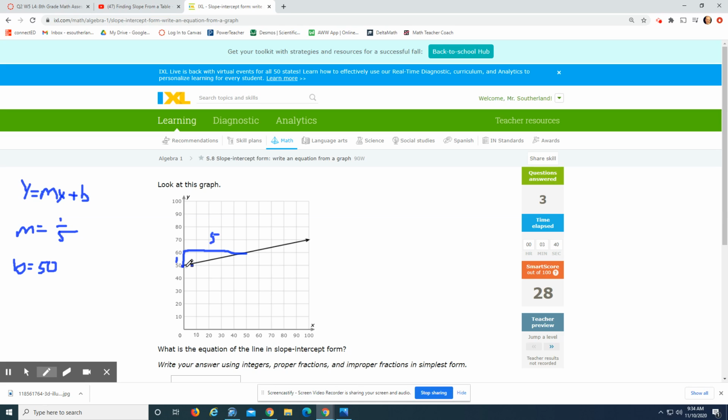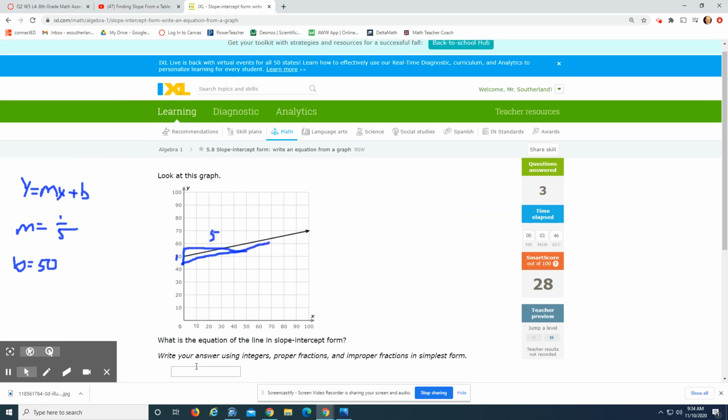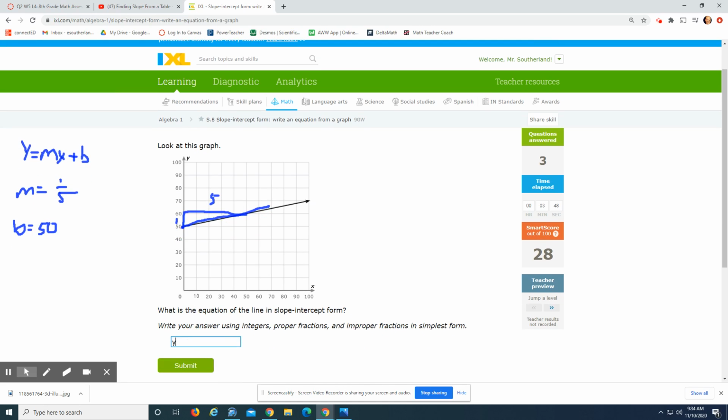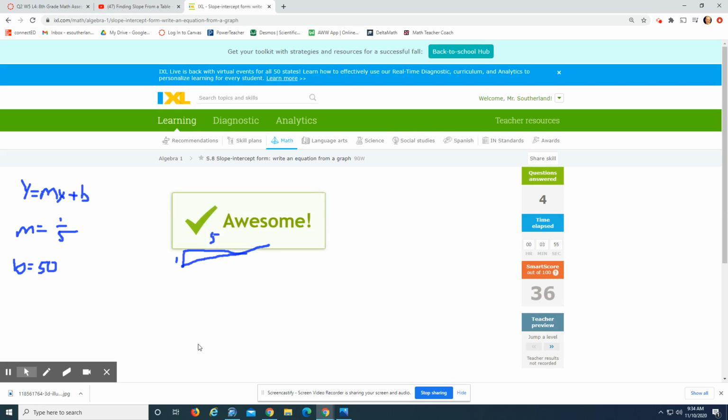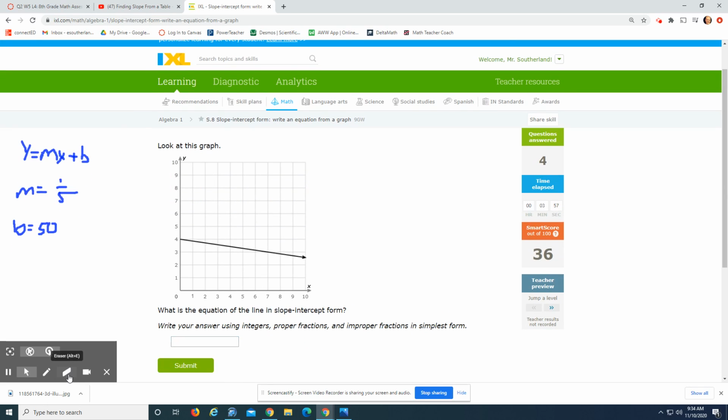And then this time, reading left to right, your finger should go up when you're following the line, which means it's positive. So your equation will be y equals 1 over 5x, and then plus 50 because it's a positive 50. Again, you're just going to keep doing this over and over again as practice. Once you get to 80, you can stop. That's an A. But if you want to go higher, I'll give you extra credit if you get above 80.